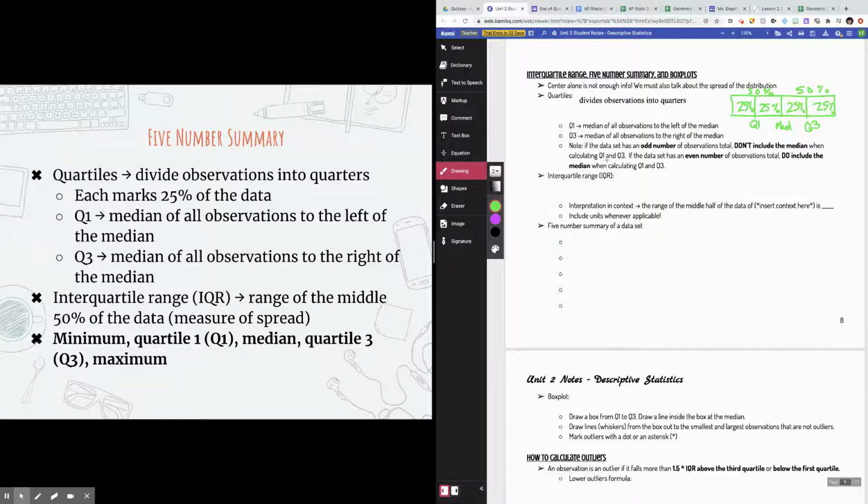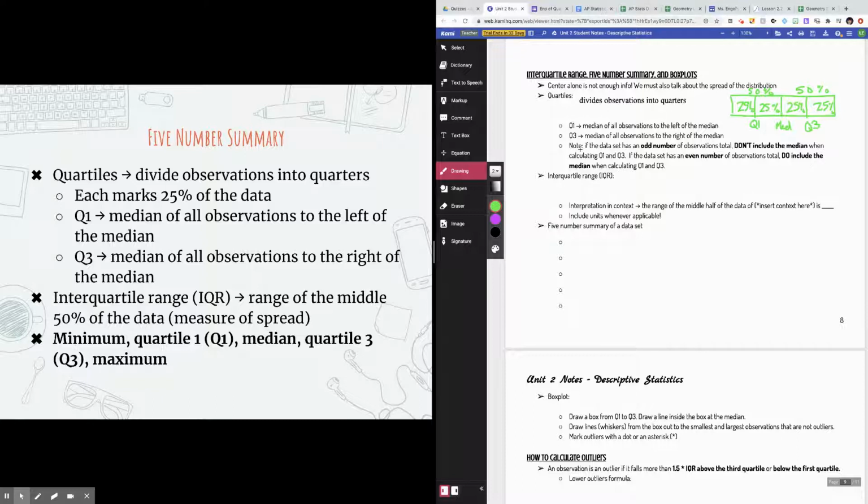So one thing I want to note for you quickly is, if you remember from the last video when we were calculating median, if you have an odd number of observations, then you just have one data point that is the median. If you have an even number of observations, then you have to average the two middlemost points to figure out where the true middle is.